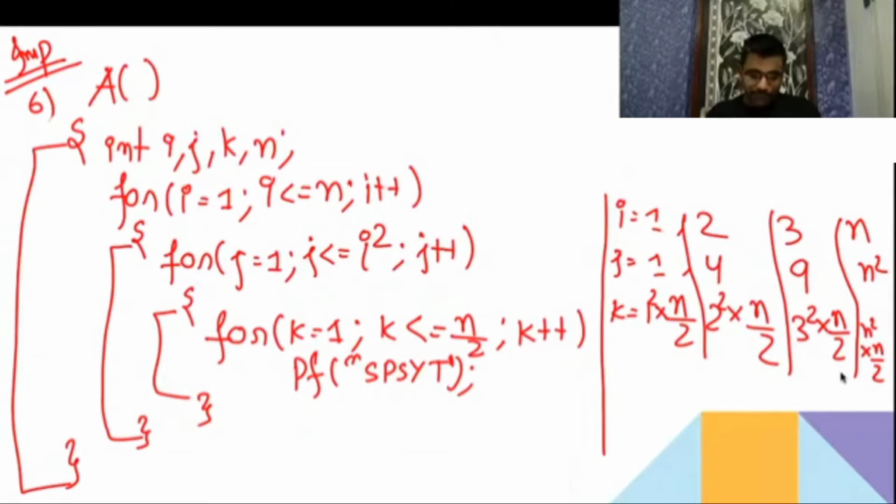Now if you're done with the writing, please let me know, and I will go to the next slide. Now I will do the summation of these iterations, the number of times we printed the statement. Whatever summation we get is going to be our time complexity.